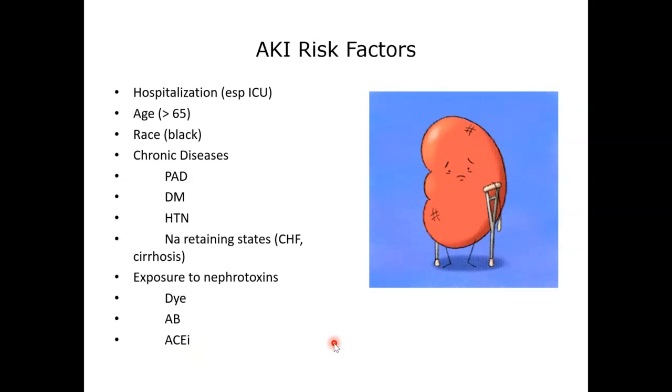Also, if somebody's potassium is greater than 5, that's another reason to hold an ACE inhibitor. And remember, ACE inhibitors are interfering with the retention of aldosterone. So hence, these people hold on to potassium. So a creatinine greater than 3 or a potassium greater than 5 would warrant you to hold ACE inhibitors.